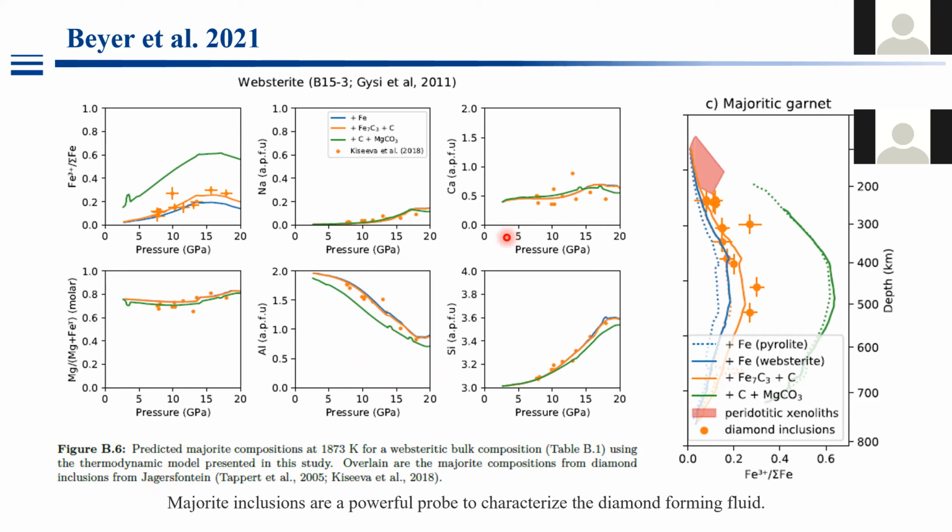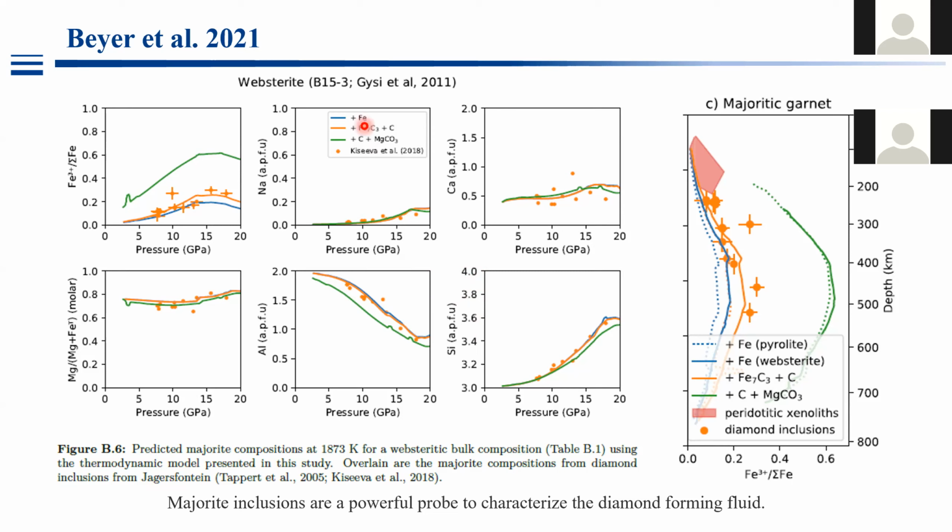The x-axis is pressure. The pressures for these samples are taken from the empirical barometer calculation of the Bell's paper, which was mentioned in Thompson's paper.